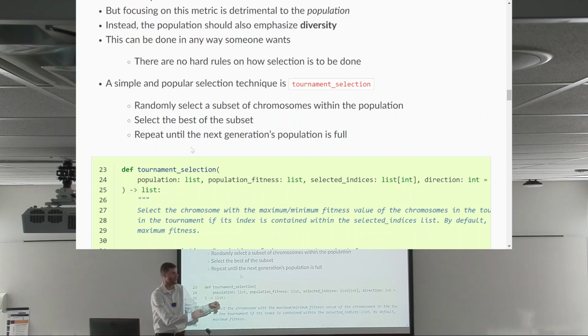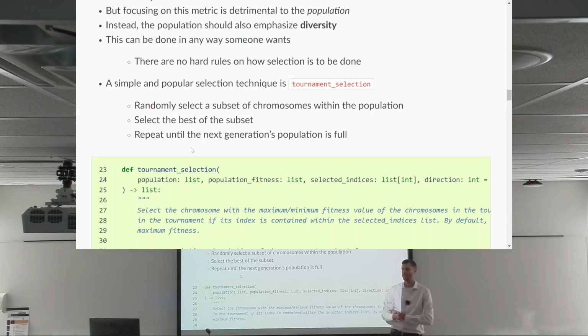Randomly select some subset of the population, select the best from that subset, and repeat that over and over again. And what's nice about this is how easy it is to dial in its exploitation and exploration. Let me put it like this. I have a population size of, let's say, 100.